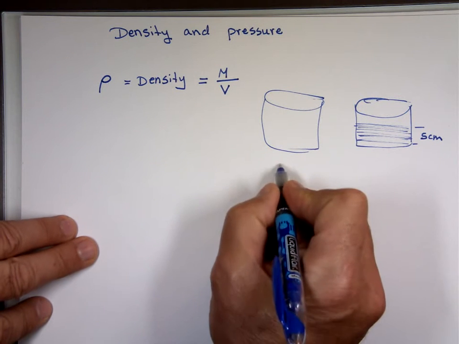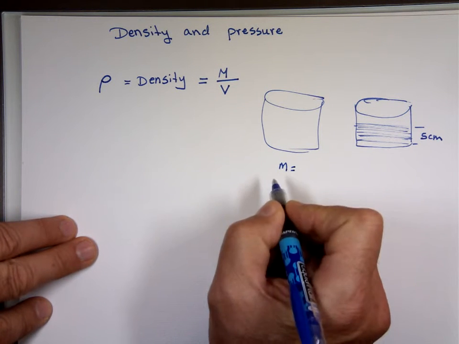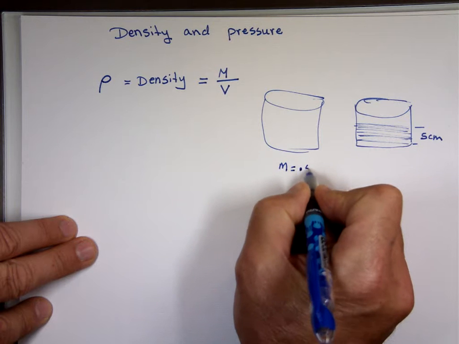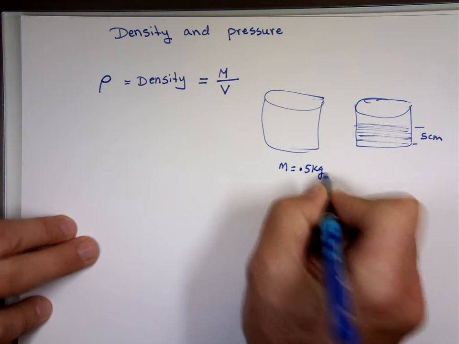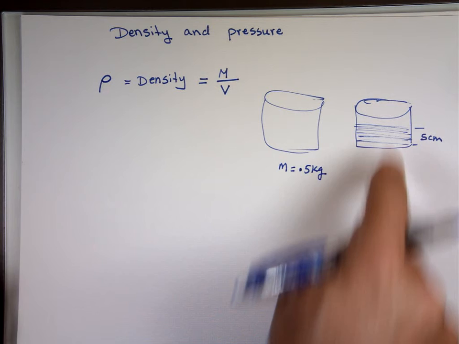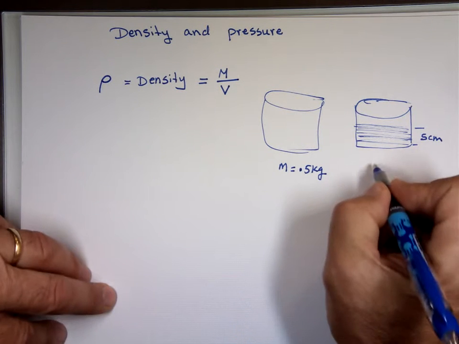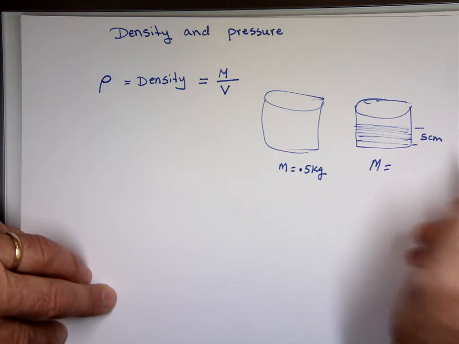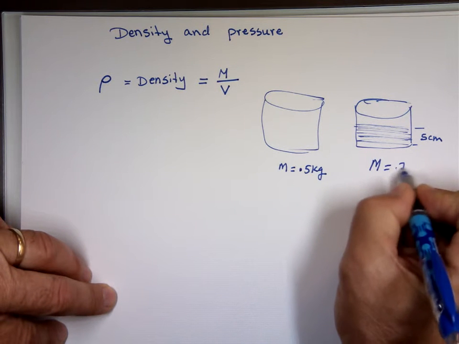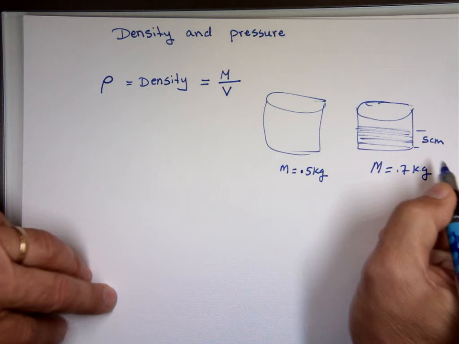We take the mass of it. Let's say the mass before you put the water in it is 0.5 kilogram. Then we put some water in it, up to 5 centimeters high, and we take the mass of that. And the mass of that, let's say, is 0.7 kilogram. I'm just making numbers up.